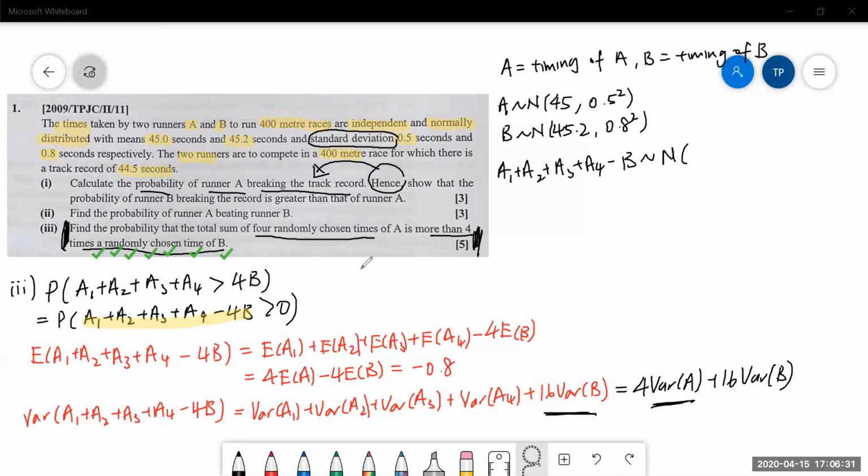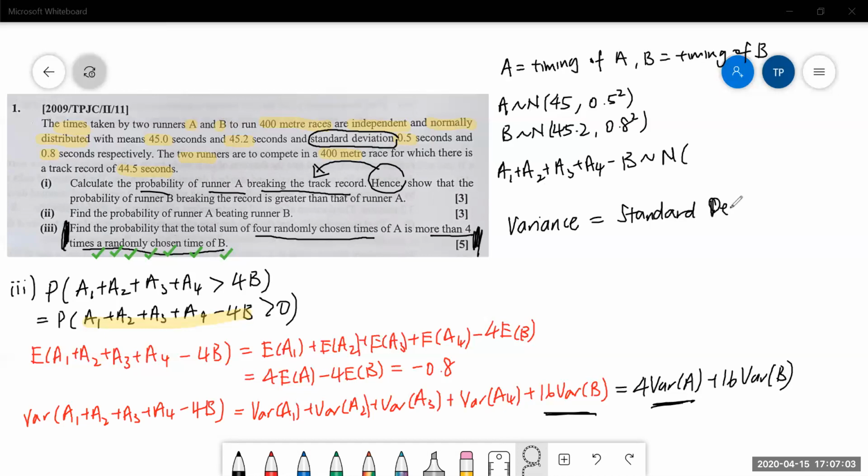Then what is variance? By now you should know already.